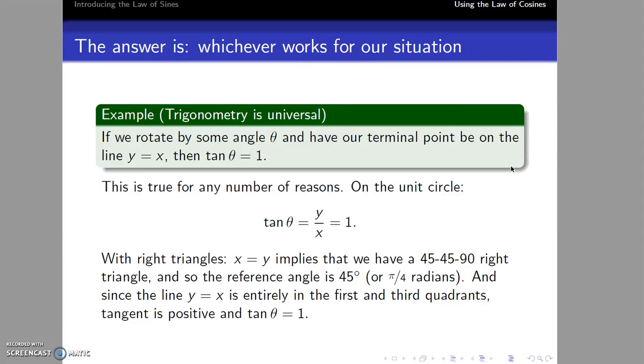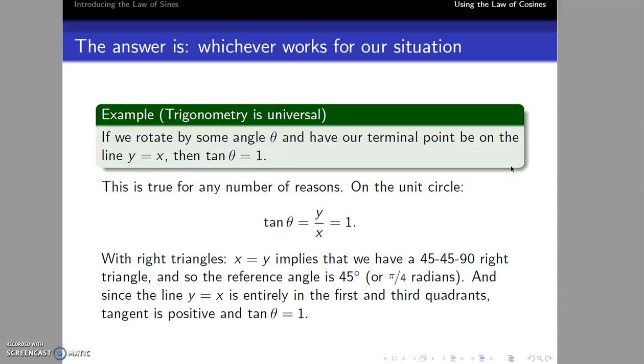For instance, here I have an example, right? If I rotate by some angle theta, and our terminal point wherever we end up is on the line y equal x, then it's going to be the case that tangent of theta is 1. And this is for standard rotation, or movement on the unit circle, or any other such thing. And it could be that the theta was in degrees, or it could be that theta was in radians. It doesn't matter. However you justify it, tangent of theta is 1.